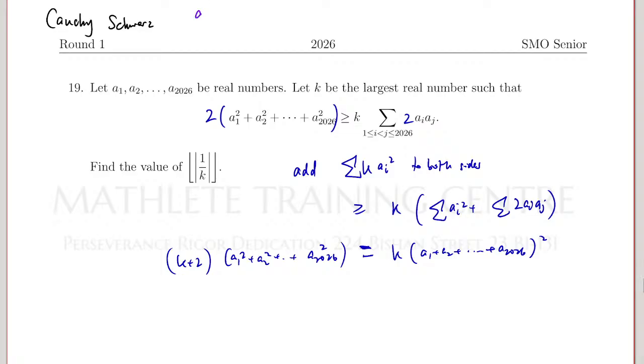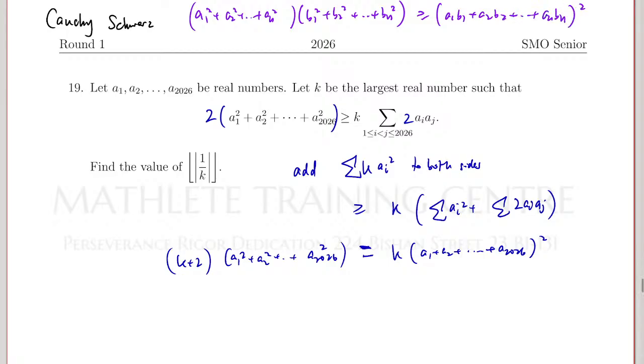So the full form tells you a1 squared plus a2 squared plus all until an squared, times b1 squared plus b2 squared plus all until bn squared, is at least a1 b1 plus a2 b2 plus all until an bn, squared.